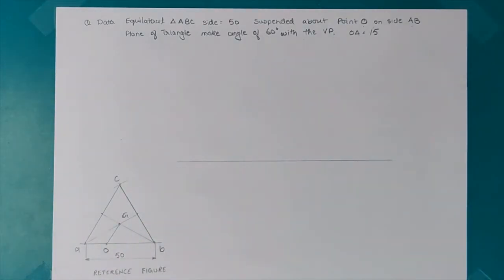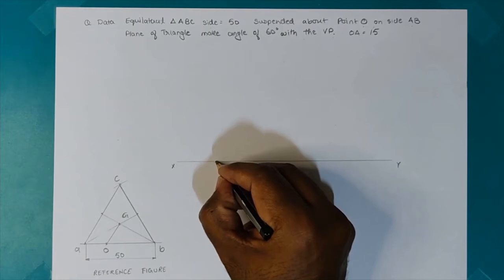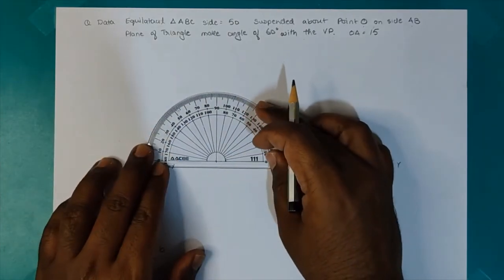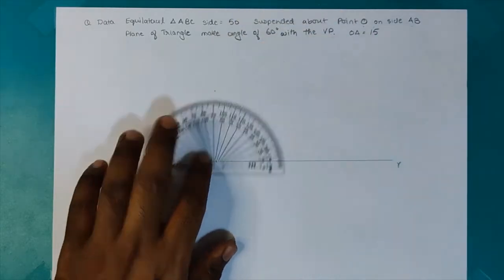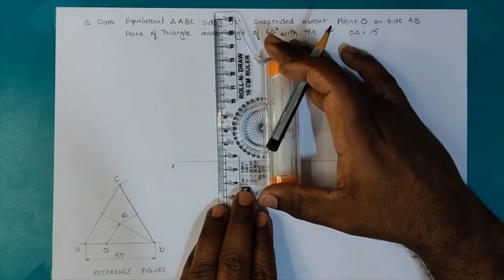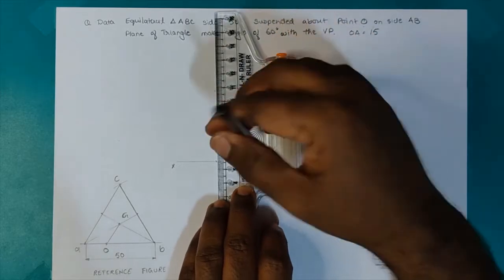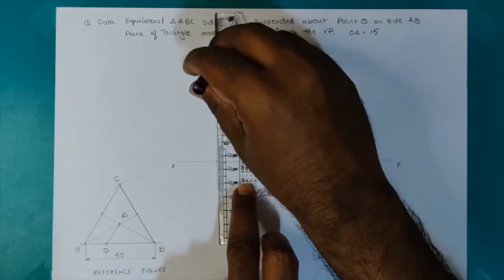First I draw the XY line and construct a perpendicular. So I take a point and construct a perpendicular on which I'll be keeping the point of suspension on top and the centroid below it vertically.